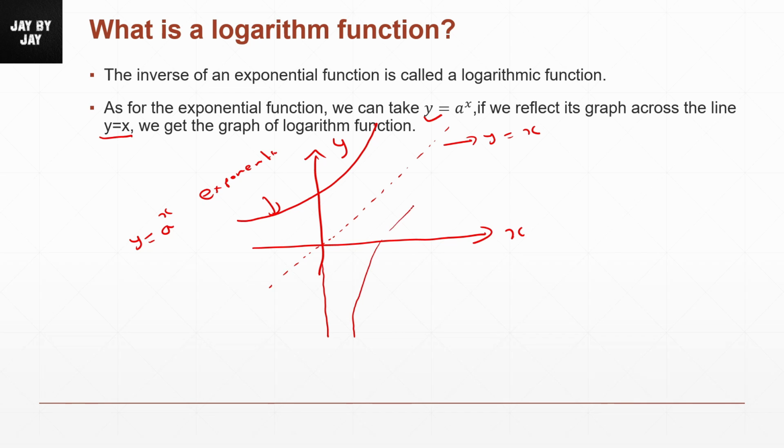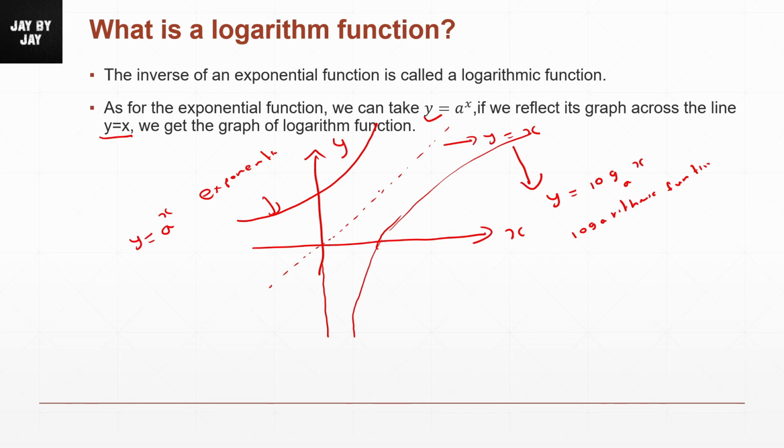If we reflect this graph around this linear line, the new curve is called y equals log a to the x. This is the logarithmic function. This is the next theory you need to learn, and that's up to the second point.